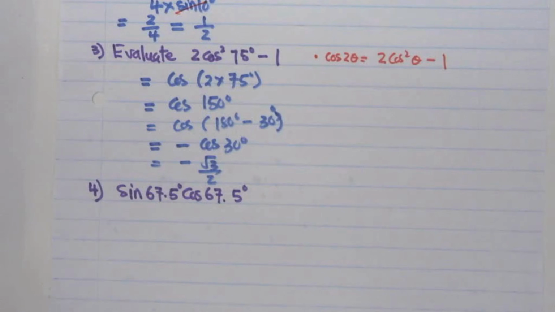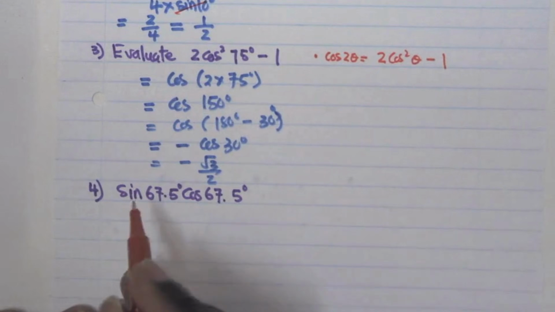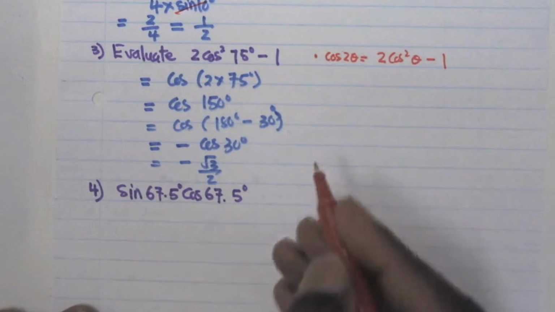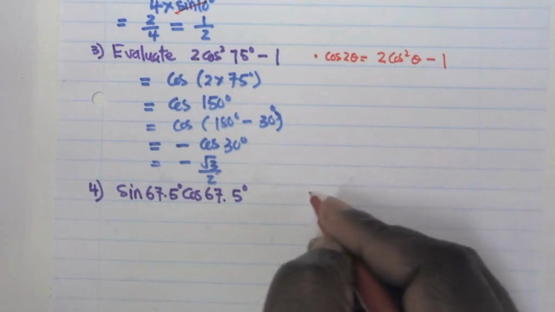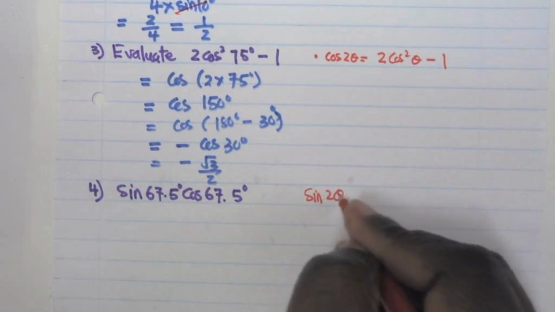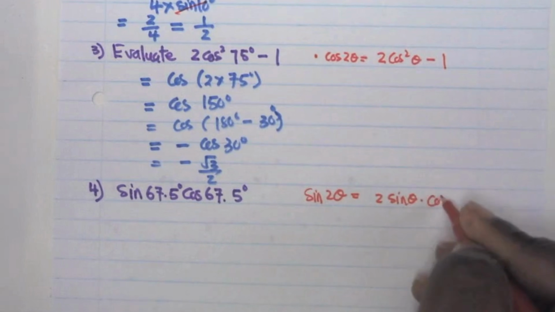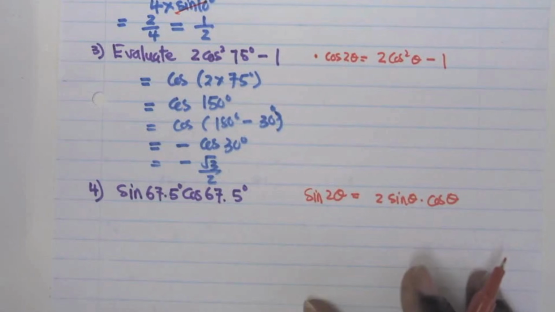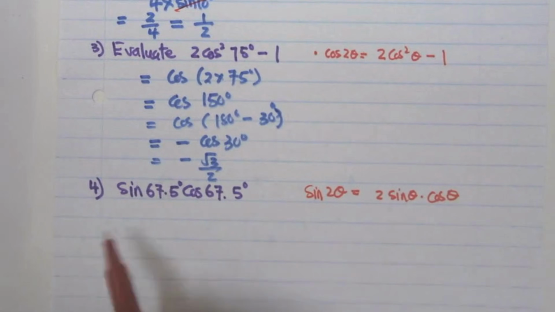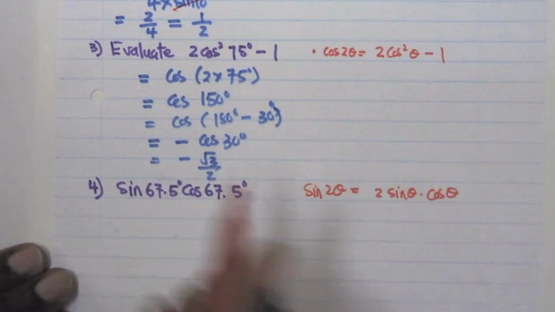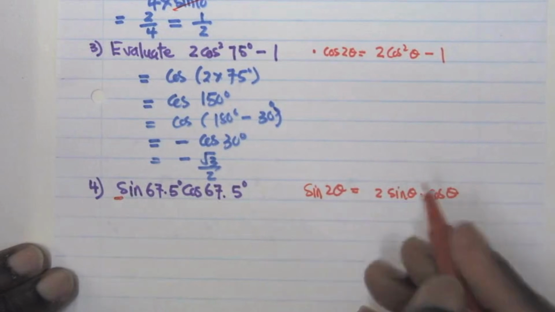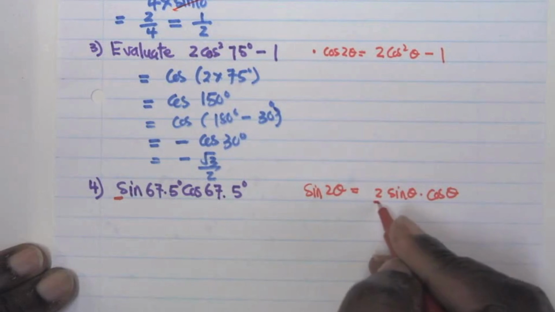If I look at the last one here, I have sine and cos here, so I'm going to use this identity. But if I look at my question here, I can see here that the 2 is not here, but on this side I've got a 2.